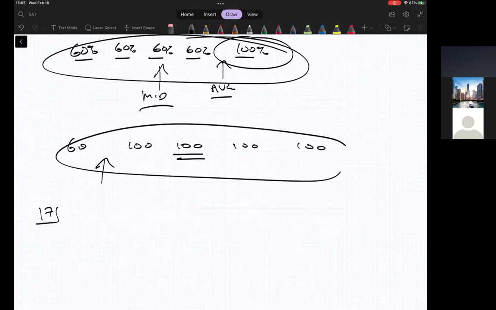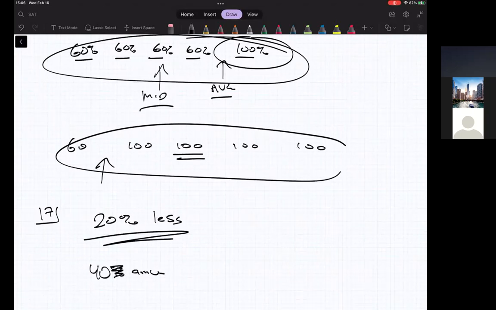The atomic weight of an unknown element, see, here's another science question, in atomic mass units, AMU, is approximately 20%, here's that key word, 20% less than that of calcium. The atomic weight of calcium is 40 AMU, okay?